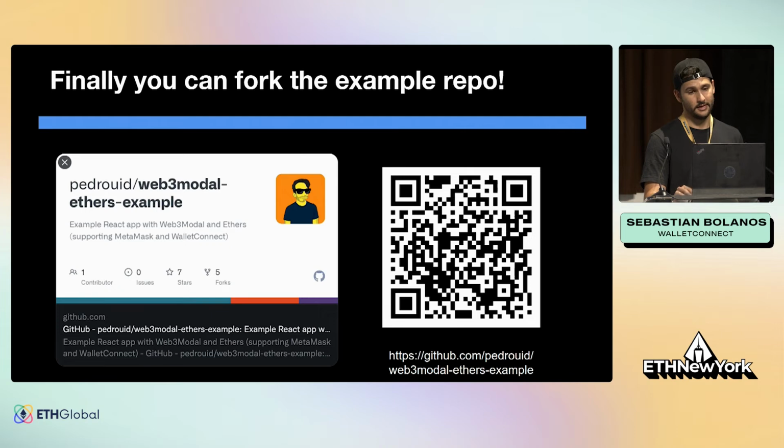And finally, here's an example repository that has Ethers.js. Ethers.js is just a Web3 library. This is a React app, and it already has the Web3 modal installed. So this is a good starting point for your dApp if you just want to use WalletConnect with Ethers.js.